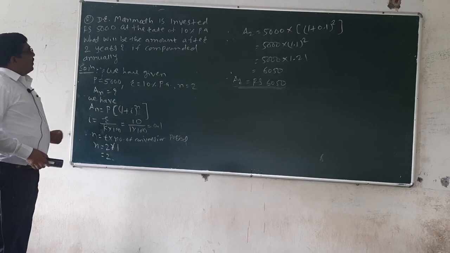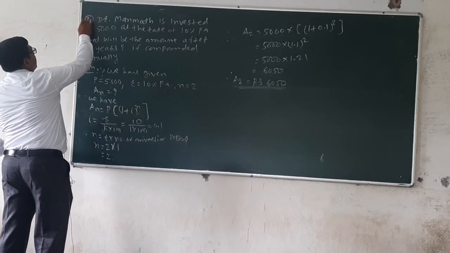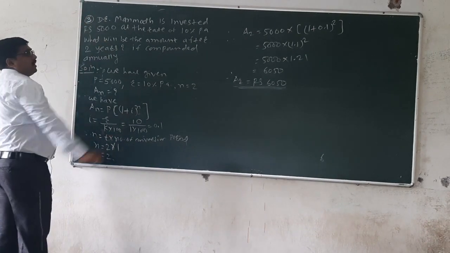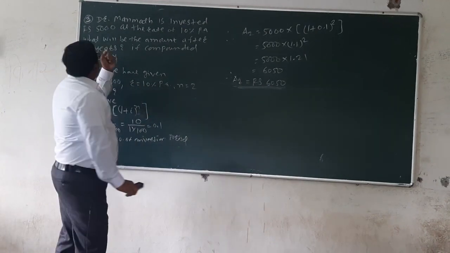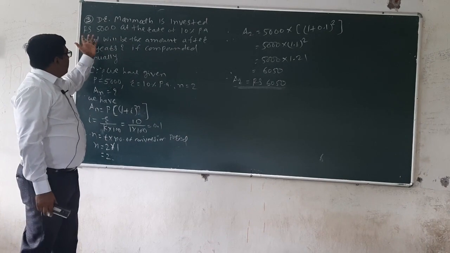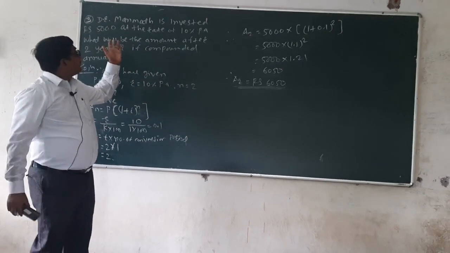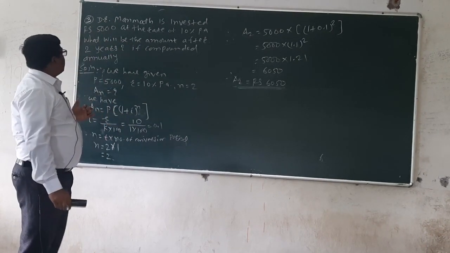This is the second problem. Now the third problem, with a slight difference. Dr. Manmath invested the same rupees 5000 at the rate of 10% per annum.